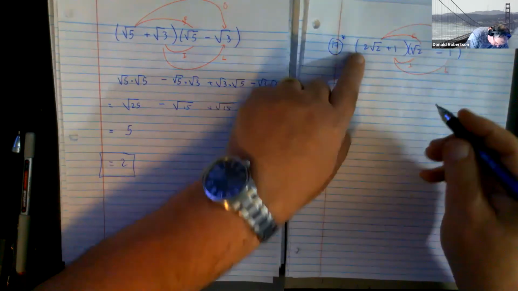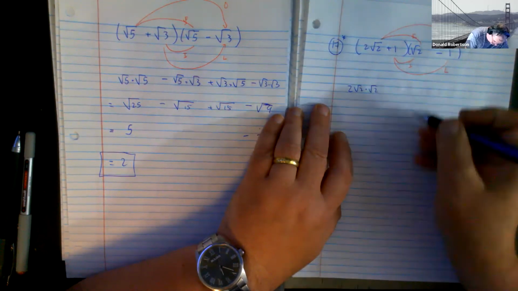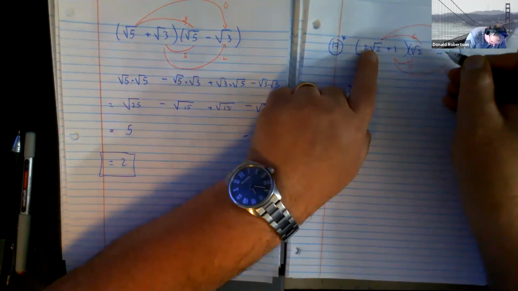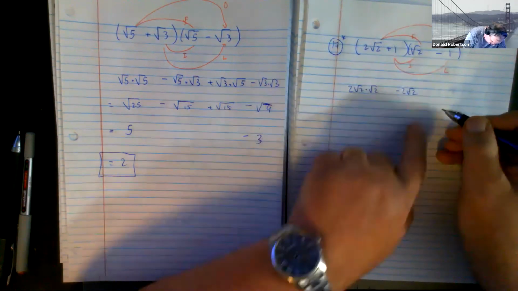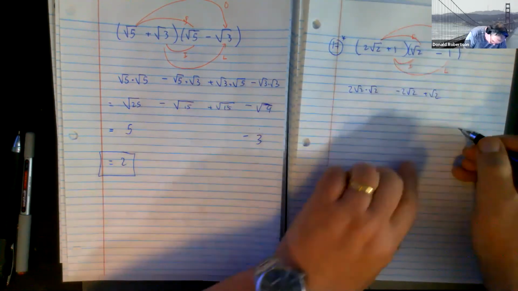So 2 square root of 2 times square root of 2. 2 square root of 2 times negative 1 just gets you that guy. 1 times square root of 2 gets you that guy. And plus 1 times negative 1 gets me that guy.